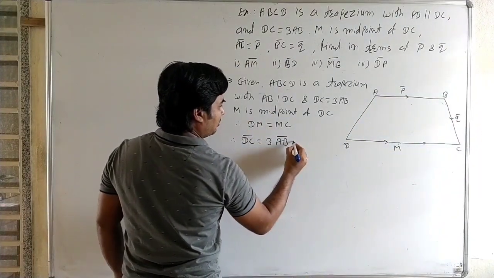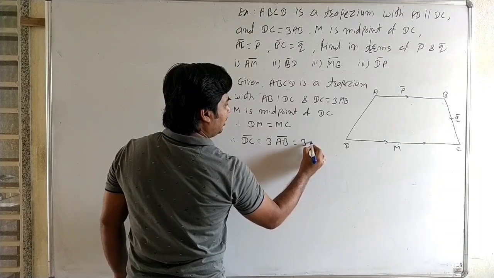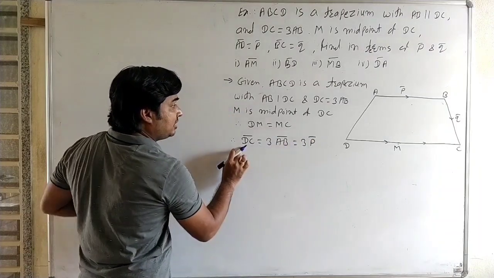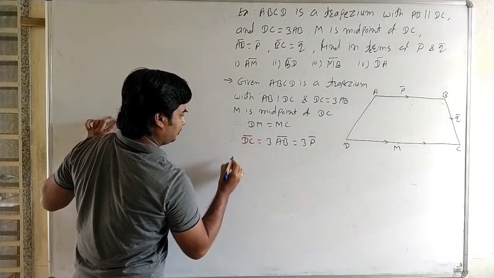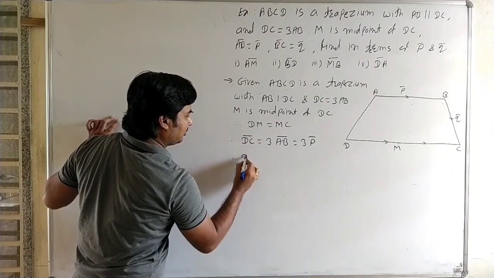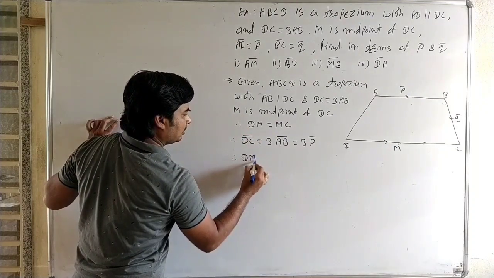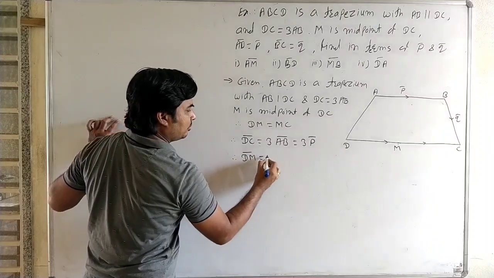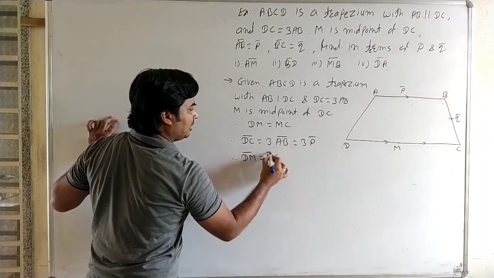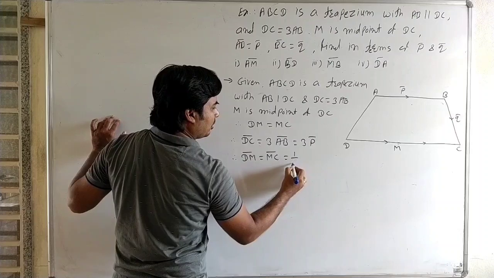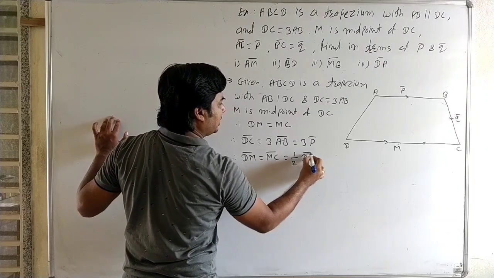Therefore 3 into P bar is vector DC. Vector DM is equal to vector MC, which is equal to half of vector DC.